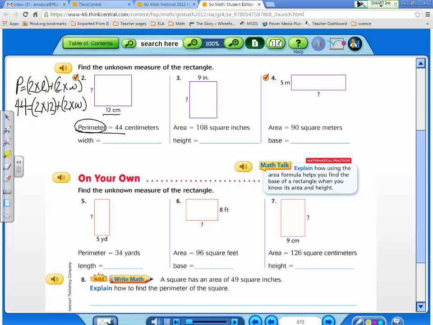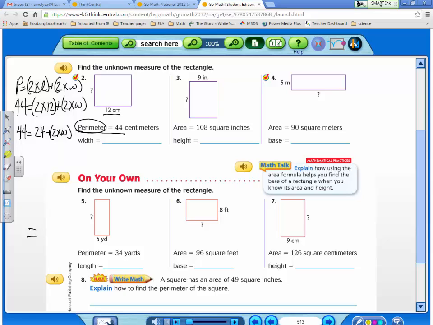This is one of our regular problems. So we have 44 equals 2 times 12, which is 24, plus 2 times the width. So we want to get rid of that 24, because then we'll have a simpler equation to work with. If we know that 44 is 24 plus something else, if we take that 24 off of the perimeter, then we can take it off the other side.